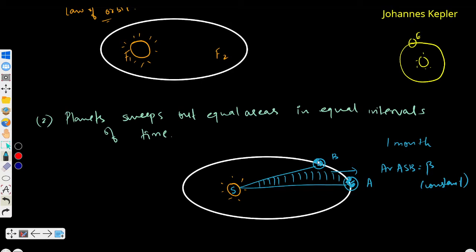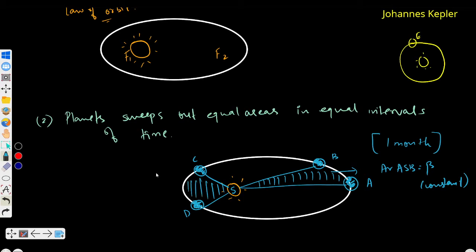Now if I consider the same planet at a different position, let's say the position is C. If I join the sun and planet with this line, again I'll consider the time as 1 month. After 1 month, let's say the planet reaches this position, which I will mark as D. Now, if I join the sun and the planet at this position, again you can observe an area, this shaded region.